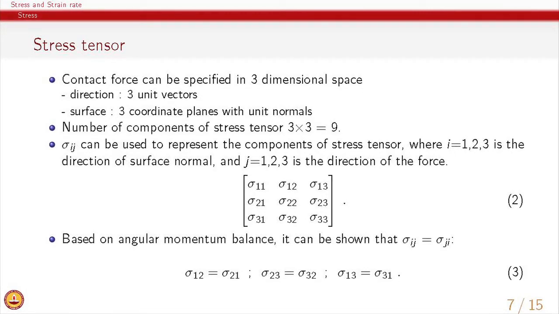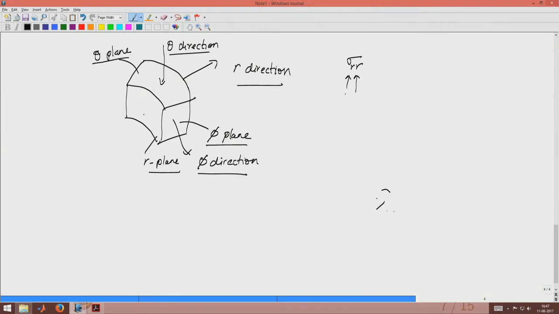To go back, the first index indicates the direction of the surface normal, so this is the r surface, or r plane, and this indicates the direction of the contact force. So, clearly this is an example of sigma r r.